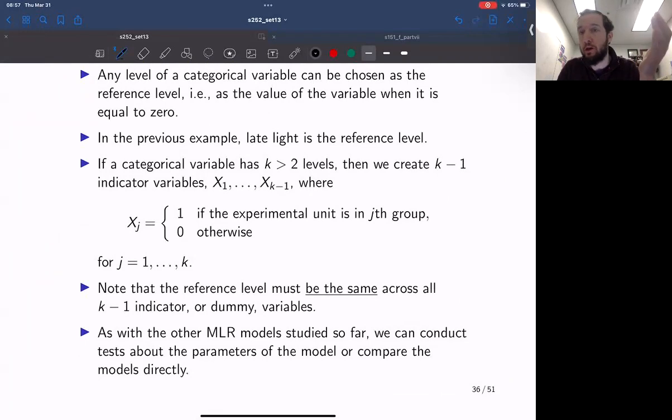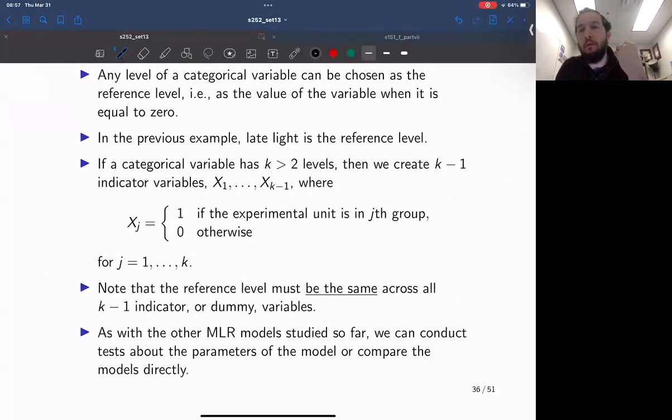There's no restriction on how many levels the variable has. In order to include it in the model, the most common situation is to use a series of dummy variables. For every k levels in the categorical variable, you would use k minus 1 dummy variables.